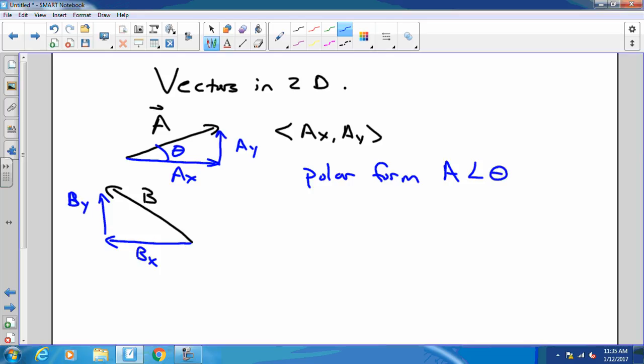And so I can write in polar form that vector as a at an angle of theta. That is one specification for the vector: magnitude and direction. The second way that I could write that is in terms of its 2 components, rectangular form. And that would be ax and ay, like so.